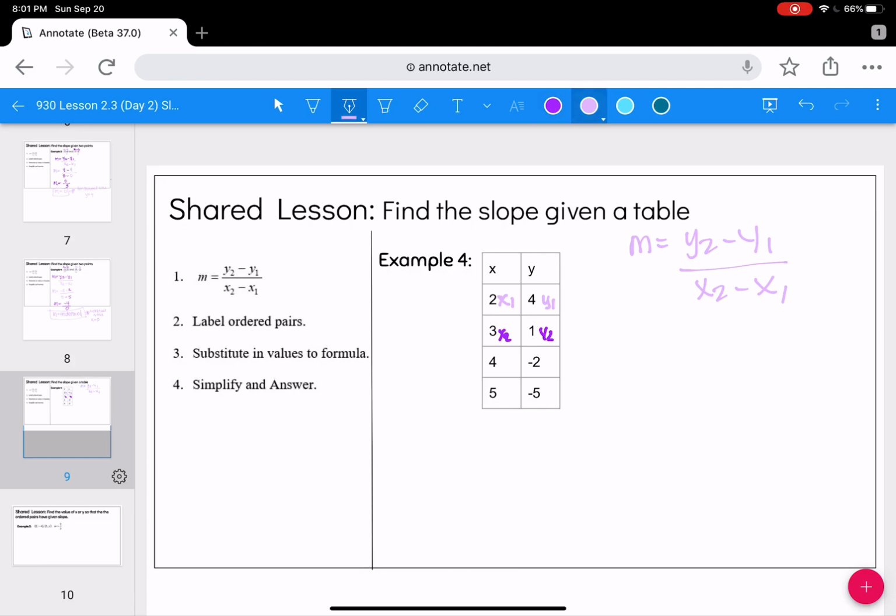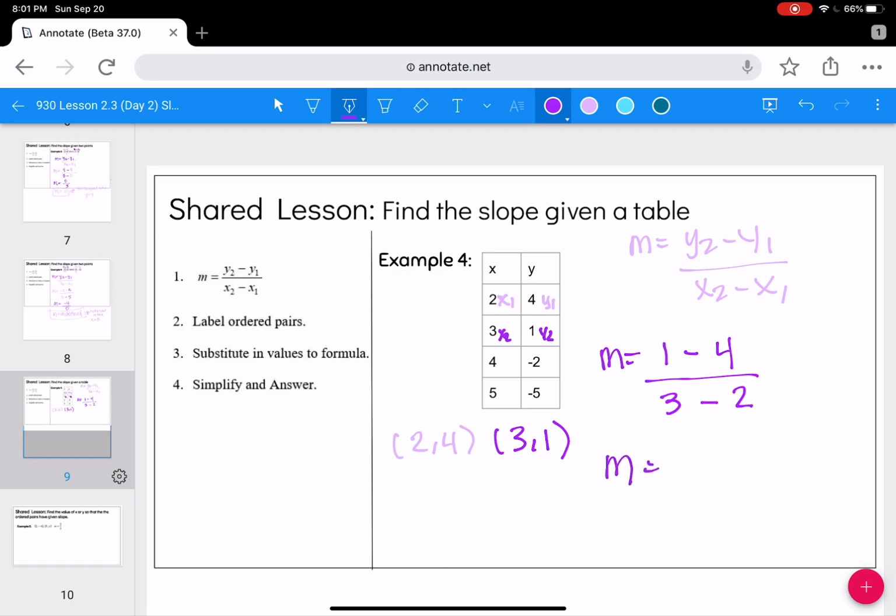If it helps you to rewrite them as 2 points, you can do 2 comma 4 and then 3 comma 1. If that helps you, you can rewrite it as well. But again, we're going to plug and chug here. So we have y2, which is 1, minus y1, which is 4, over x2, which we labeled as 3 here, and then minus x1, which is 2.